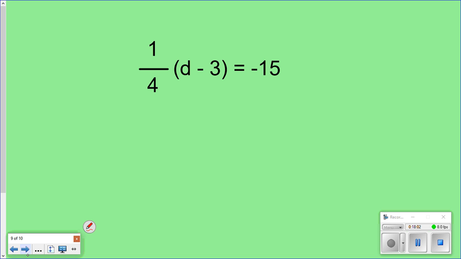Take your time. No, it's negative 60 plus 3. It's like 60 cats and 3 dogs. Yeah, that's right, except for this part. Negative 60 plus 2 is not negative 60.